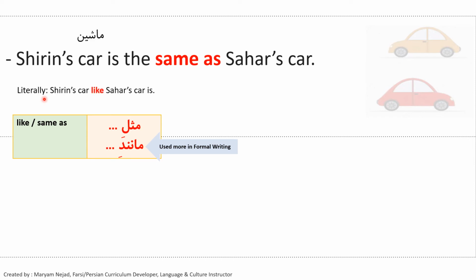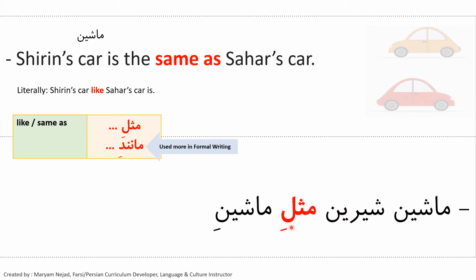So literally we need to say something like Shirin's car like or same as Sahar's car is. ماشین شیرین مثل ماشین سحر است. Or we can also use مانند here, the second one, ماننده. And then the informal of سحر است is سحره. So ماشین شیرین مثل ماشین سحره.